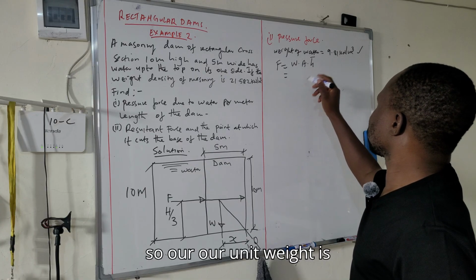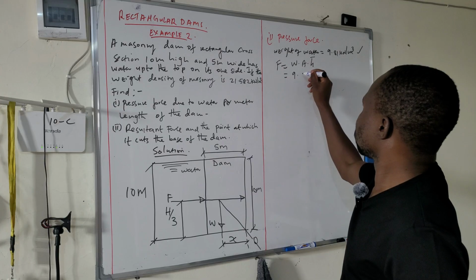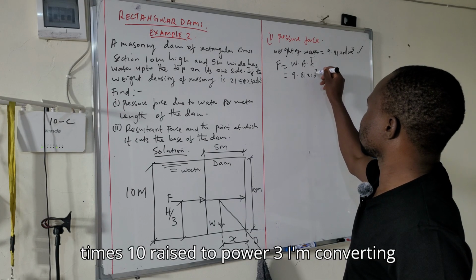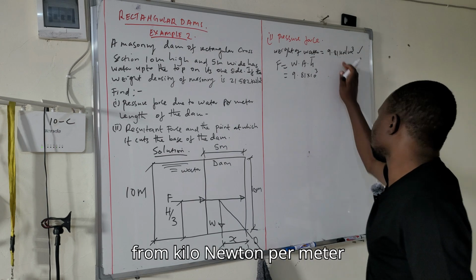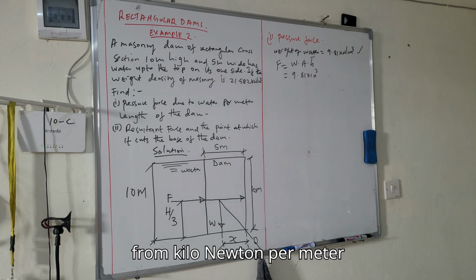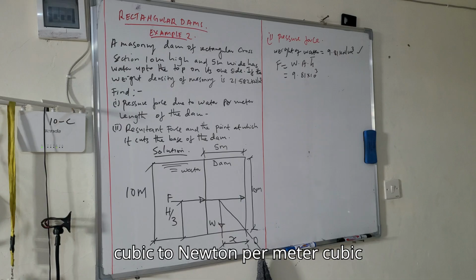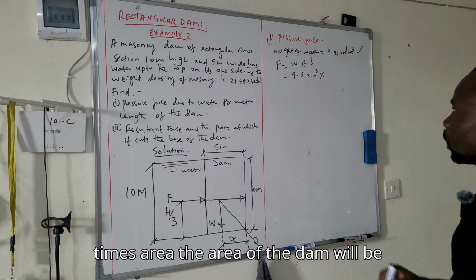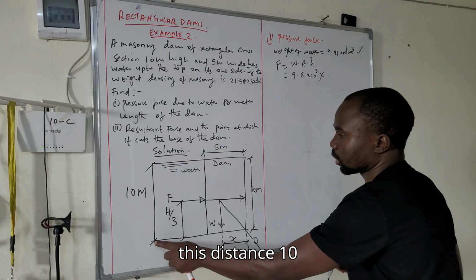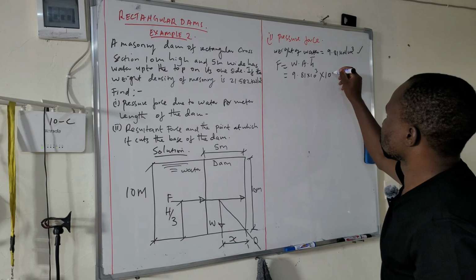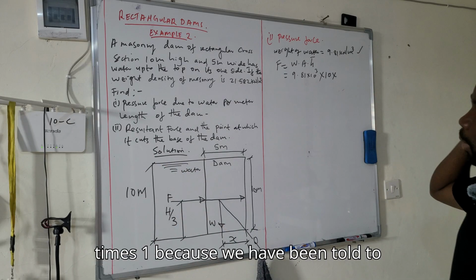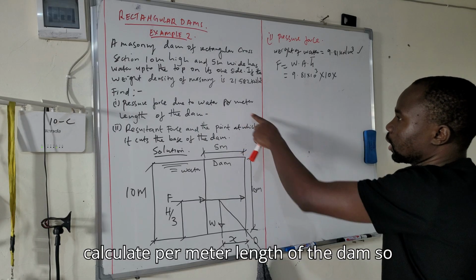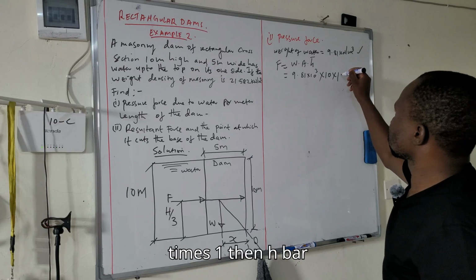So our unit weight is 9.81 times 10 raised to power 3. I'm converting from kilonewton per meter cubic to Newton per meter cubic, times area. The area of the dam will be this distance 10 times 1, because we have been told to calculate per meter length of the dam, so times 1.